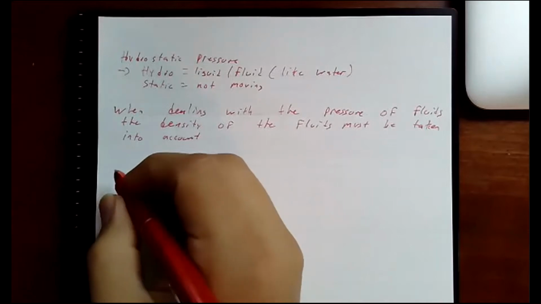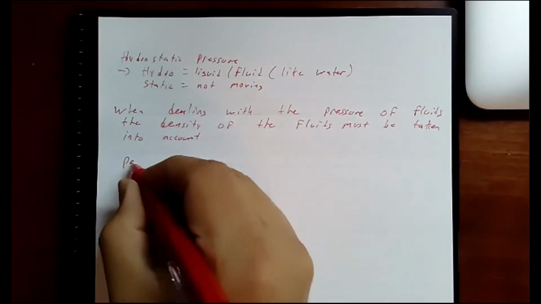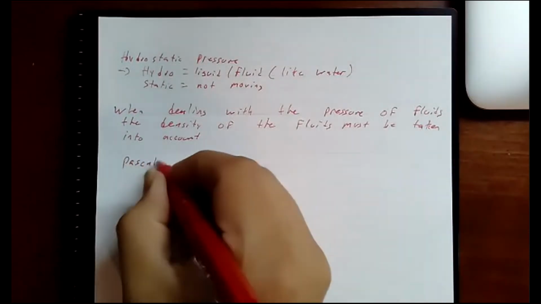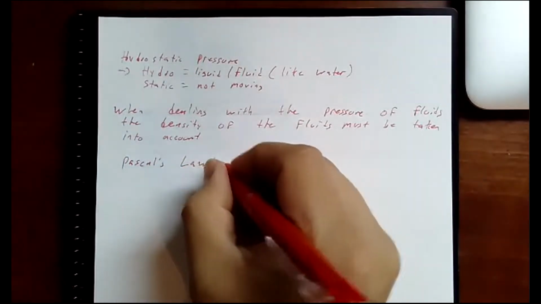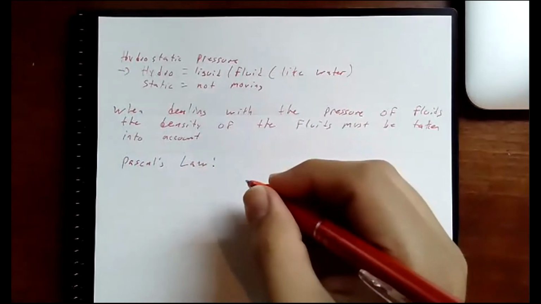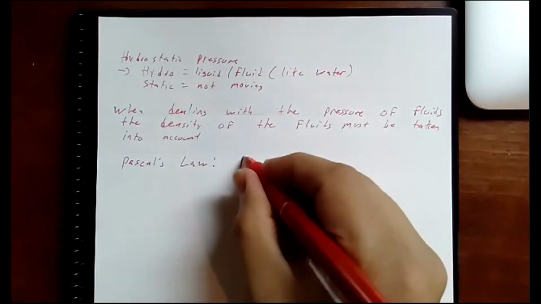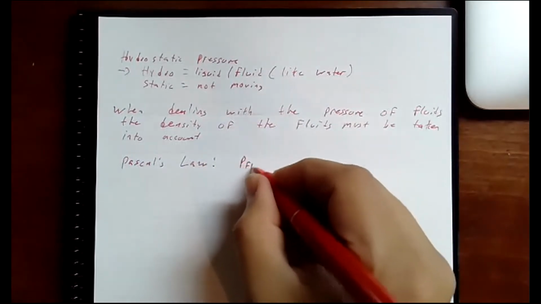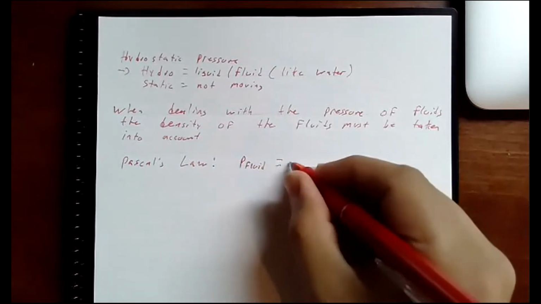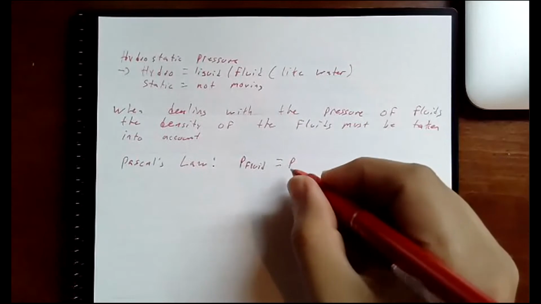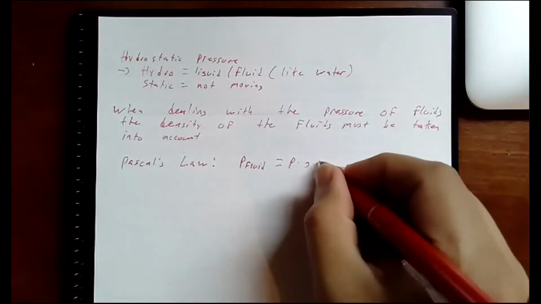Okay, so here's Pascal's law. The P fluid, or pressure of fluid, is equal to rho times g times h.